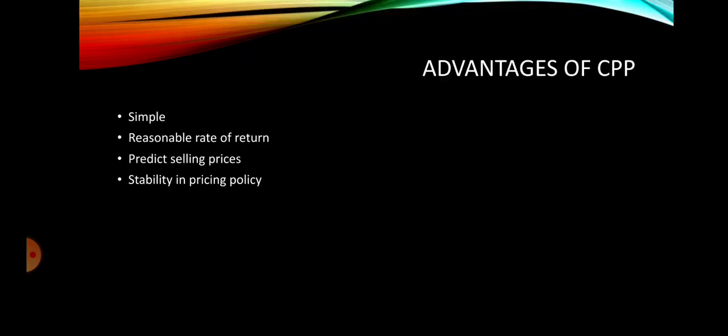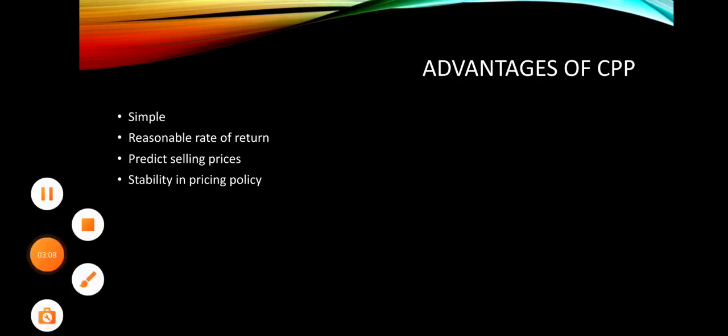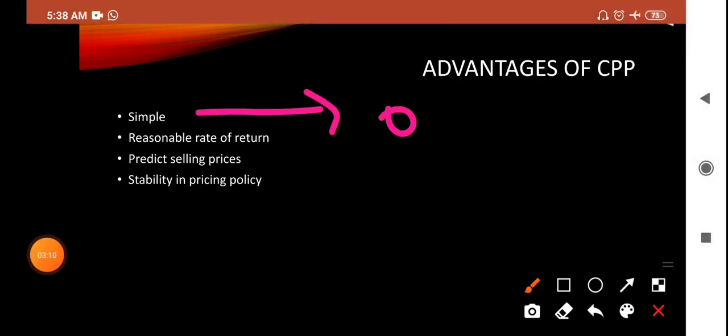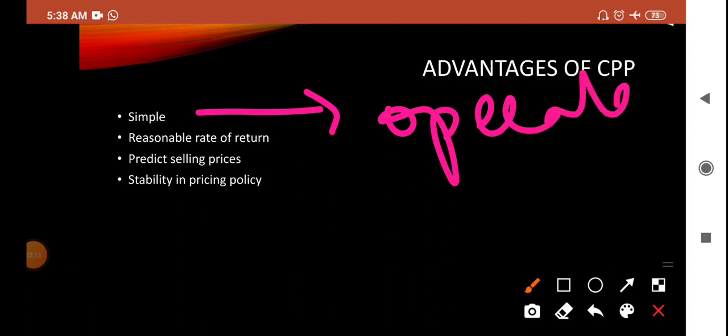Let's see what are the advantages of cost plus pricing, that is CPP. So the first one is it is simple. It is simple to operate if the cost structure of products is known.